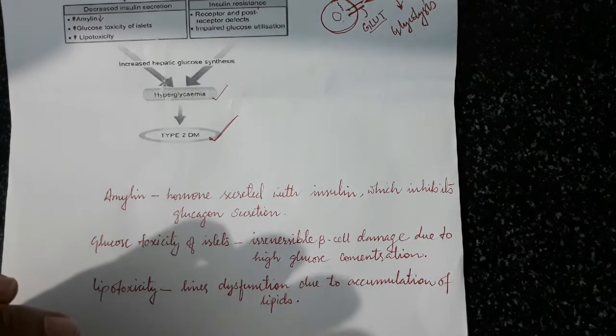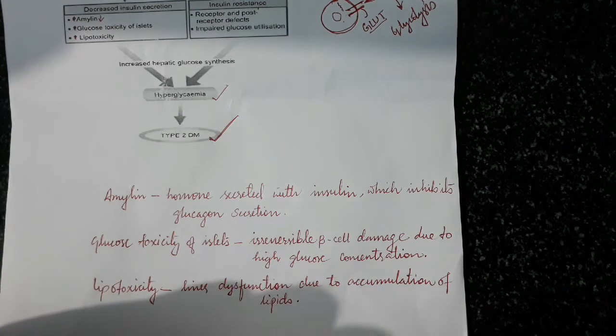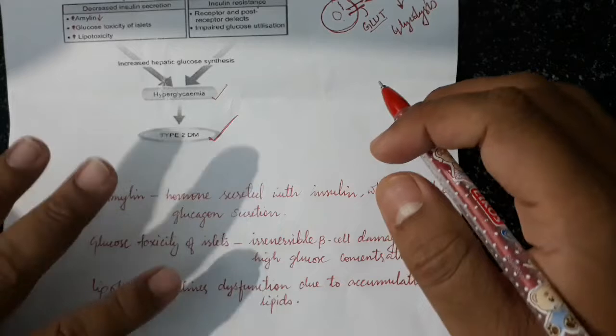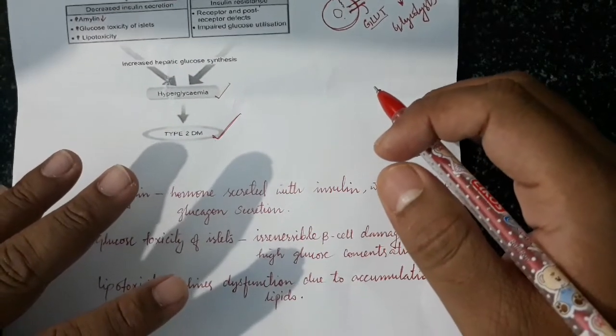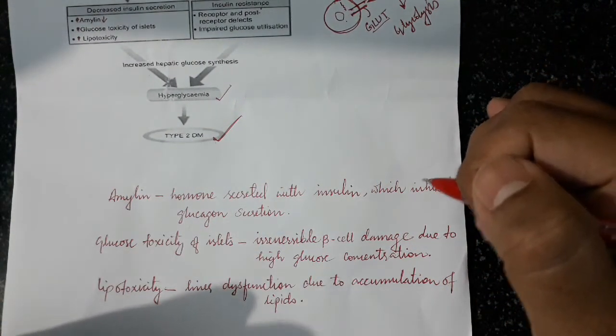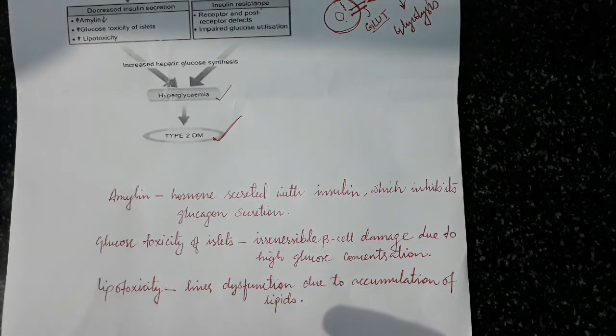That is called gestational diabetes. Whereas some books give the type called drug-induced diabetes, where some drugs have the side effect of increased blood glucose level. So those are called drug-induced diabetes mellitus. But mainly you have to write about type 1 and type 2.